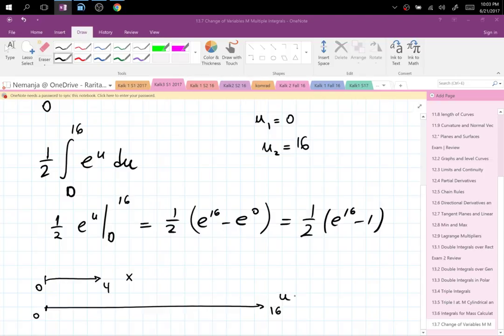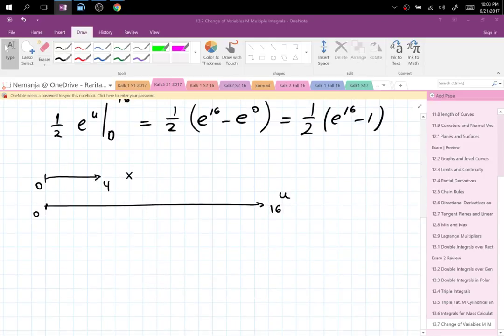So there was a transformation there which changed these values. Changing limits in Calc 1 u-sub is equivalent to transforming the region in Calc 3 now, so 2D, and then for 3D also.